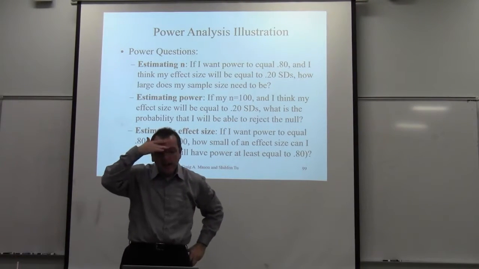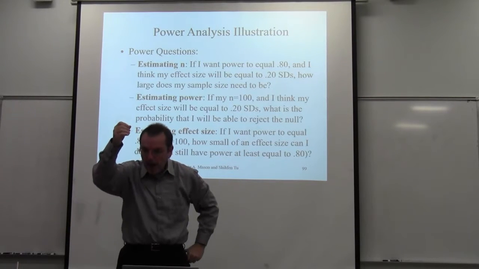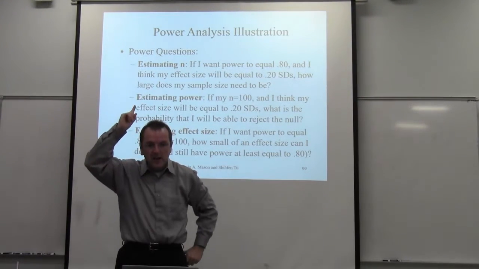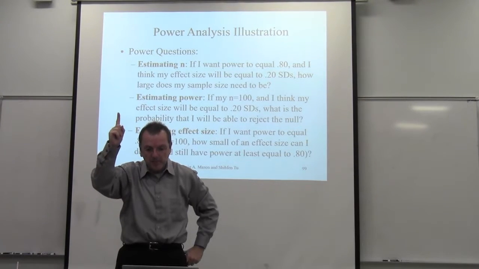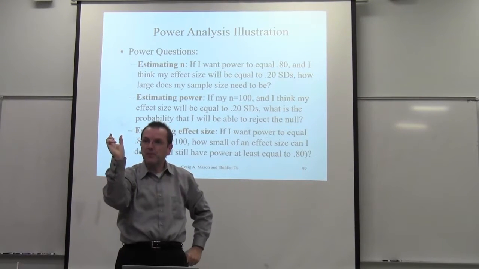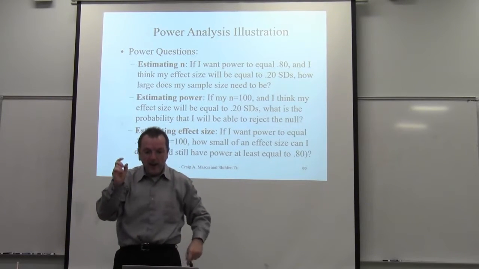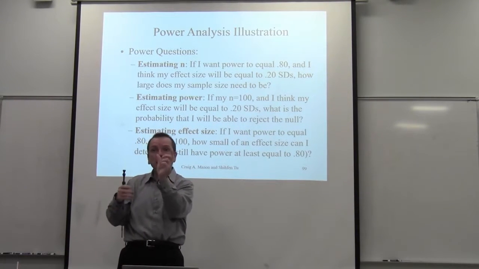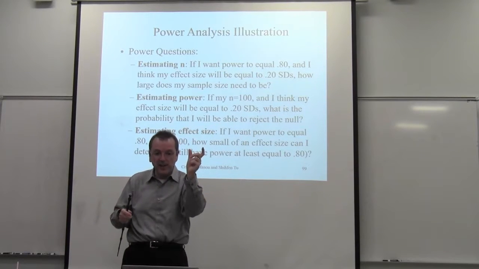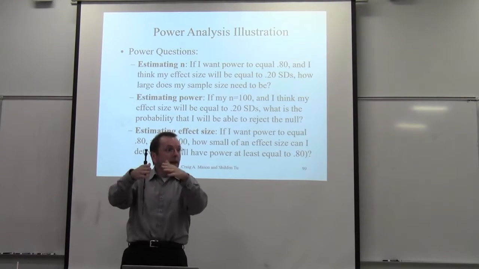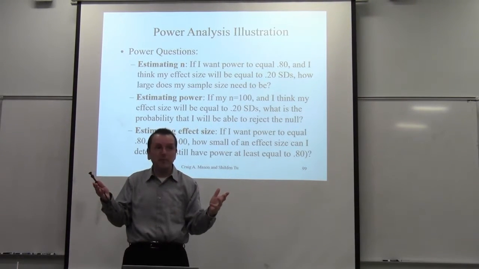So again, estimating n: one way people approach power analysis is, how big does my sample size need to be? So you say, if I want power of 0.8, and I think my effect size is about 0.2 of one standard deviation, that's how big of a difference I think I'm going to see from my effect, how big does my sample size need to be?